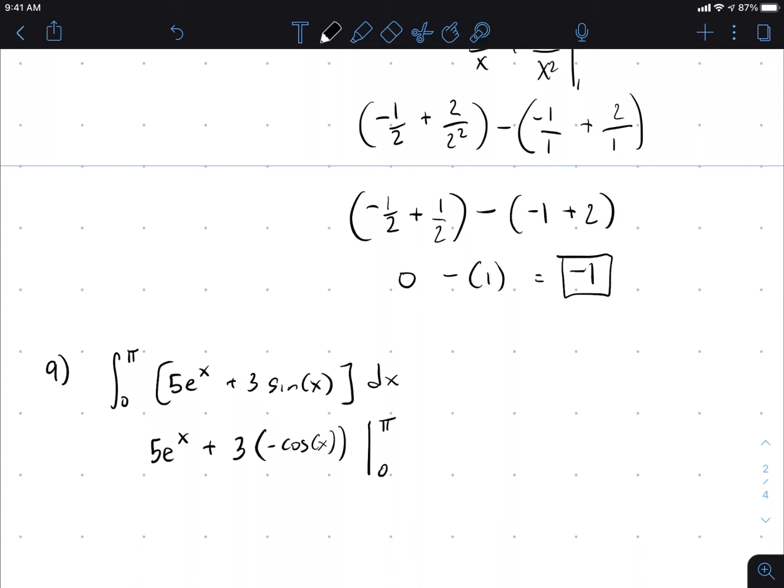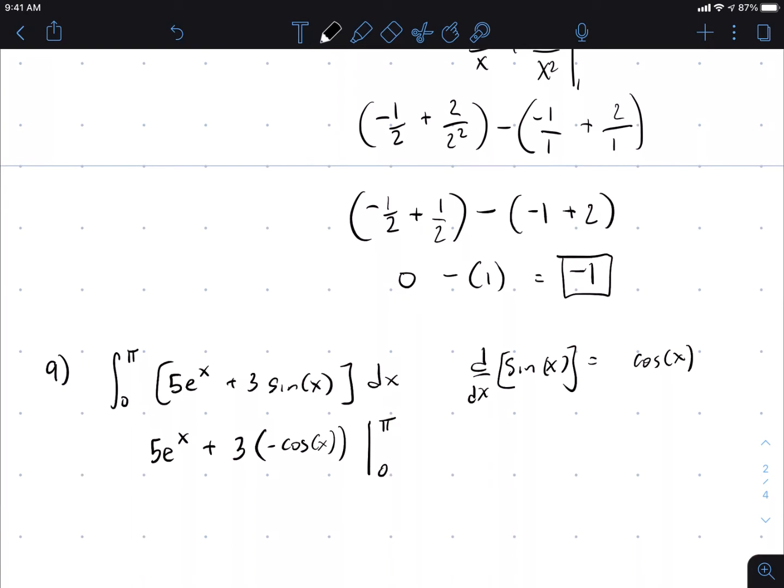Ray? I see concern. Tell me what's going on. I was just confused about the negative cosine, but I got it now. Okay. So just remember, the derivative of sine of x is going to give me cosine of x, right?